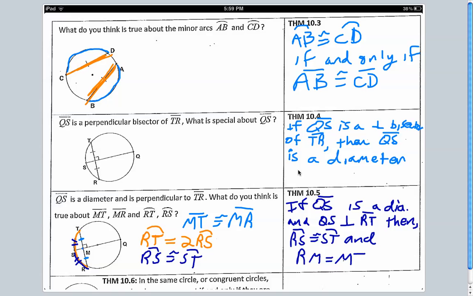So that's theorem 10.5. Let's move on to the next theorem there. 10.6 is next.